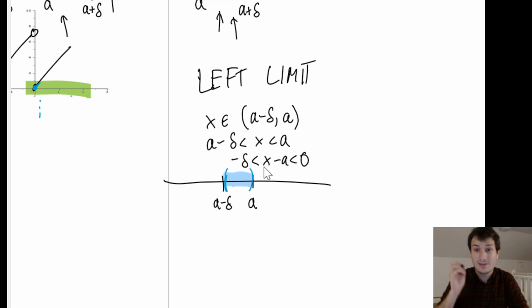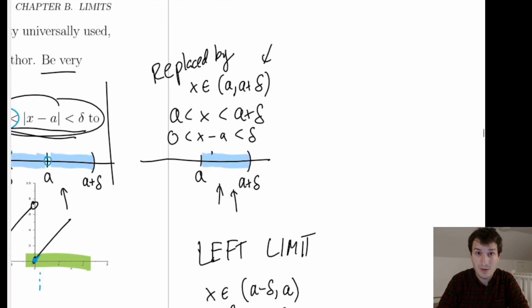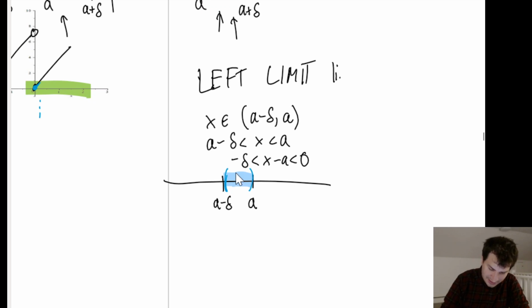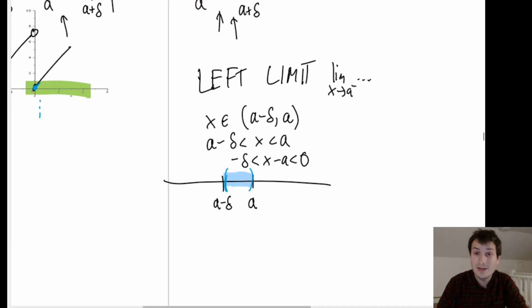So the thing I did before was the right limit: the limit as x goes to a+. This is the left limit: the limit as x goes to a-.